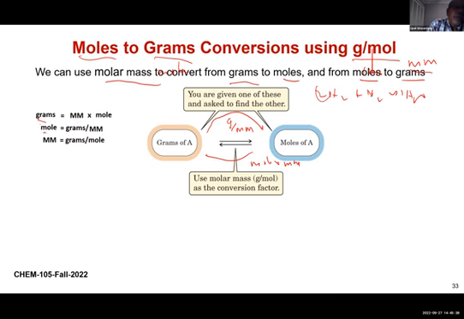This is grams converted to moles. So this is what I use to get the moles. Do you see that?